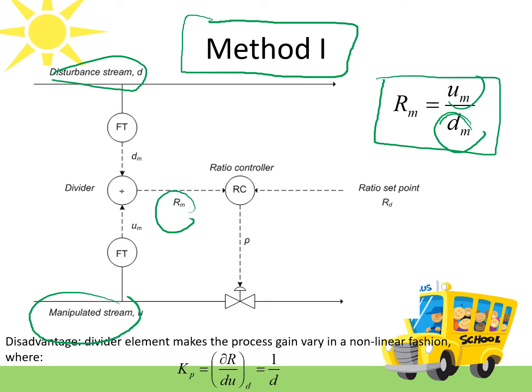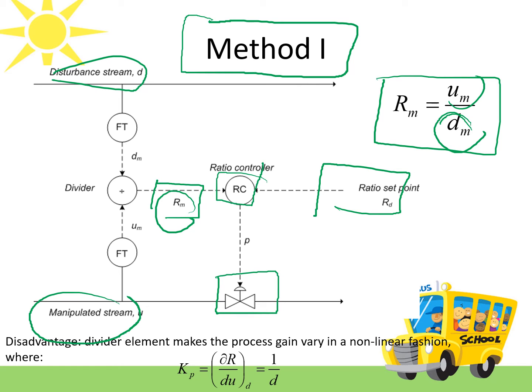The output will be sent to the ratio controller that will compare the measured ratio with the desired ratio, and then the controller will adjust the manipulated variable accordingly.